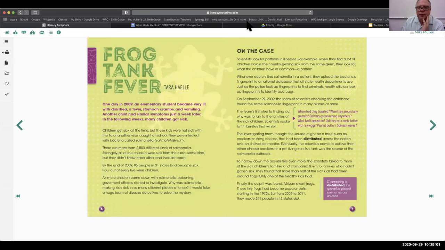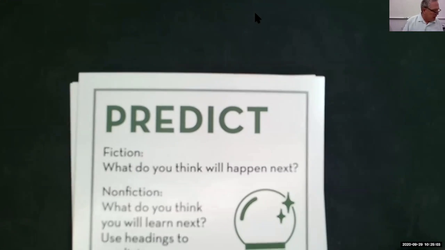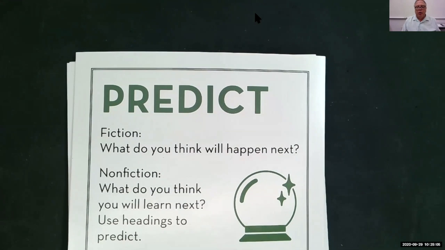Now, the first strategy we're going to use is that of making a prediction. Now, prediction, that tool, we kind of use it a little differently depending on what genre or what type of reading we're immersed in right then.